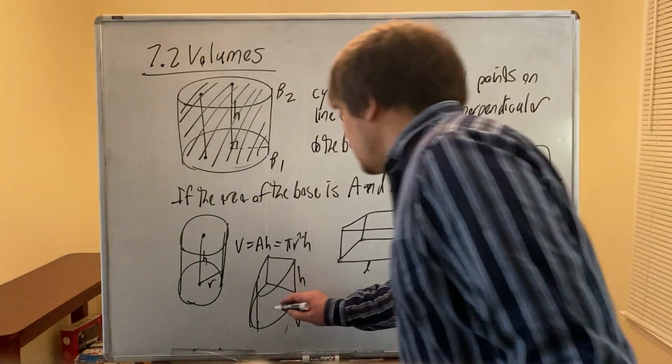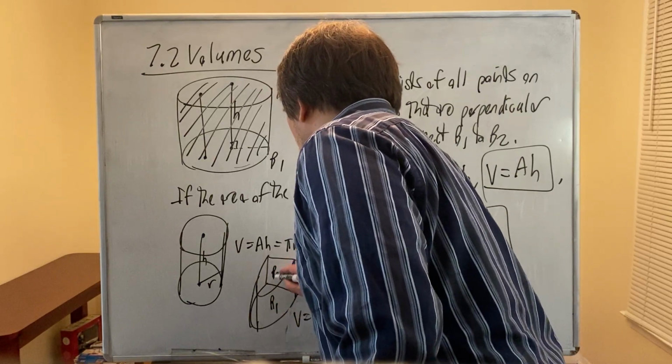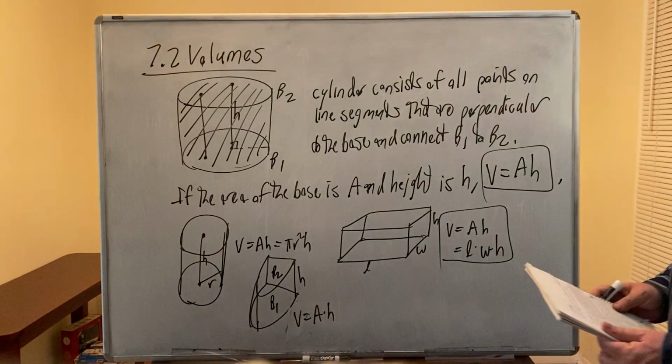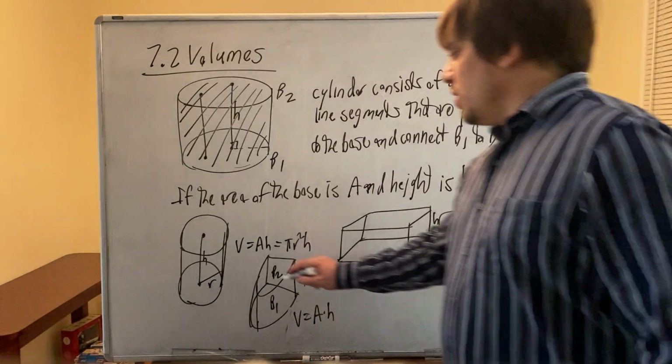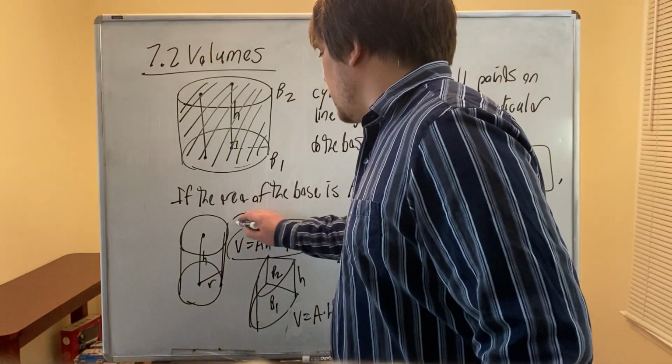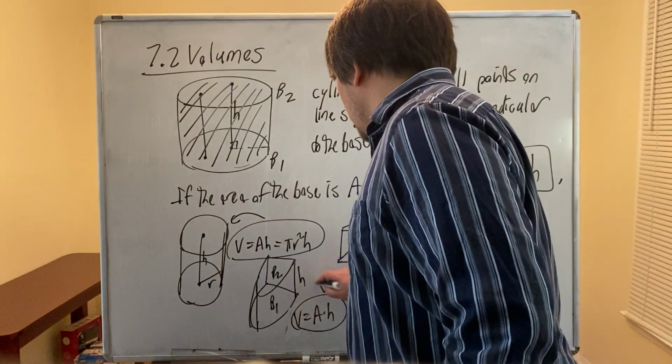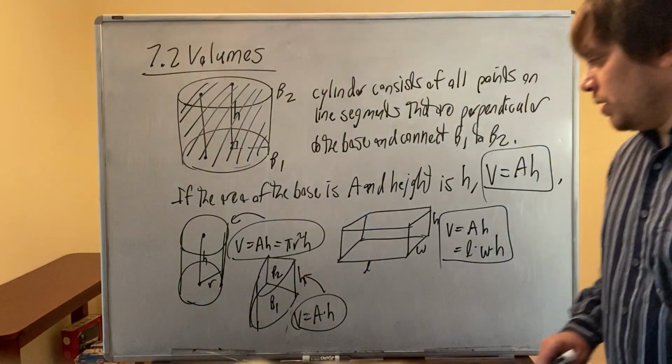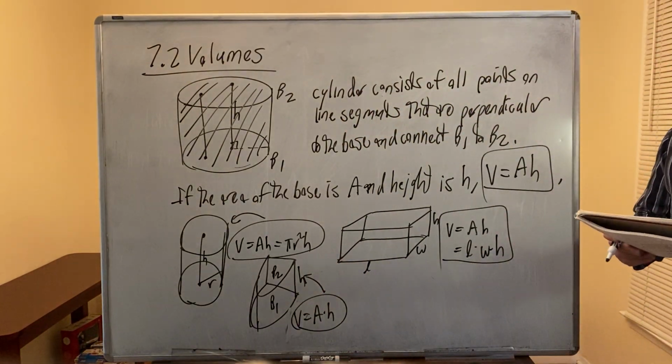Okay, this is B1, that's B2. So we have V equals pi r squared h for this one, and we have V equals A times h for that one. Okay, so these are three examples of cylinders.